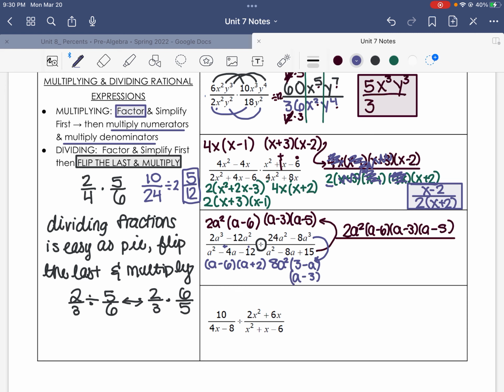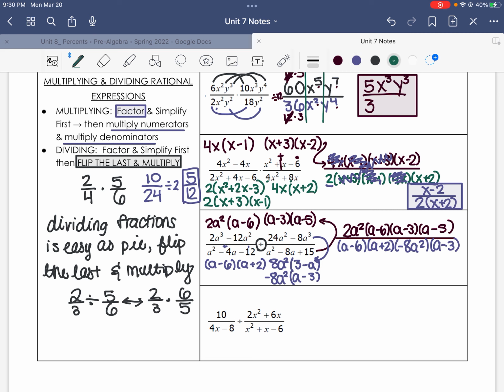But as I do that, I'm switching the signs because the a was negative and the 3 was positive. So I have to change the thing out front to negative 8a squared because it was out of order. So I have a minus 6, a plus 2, negative 8a squared, and a minus 3 on the bottom.